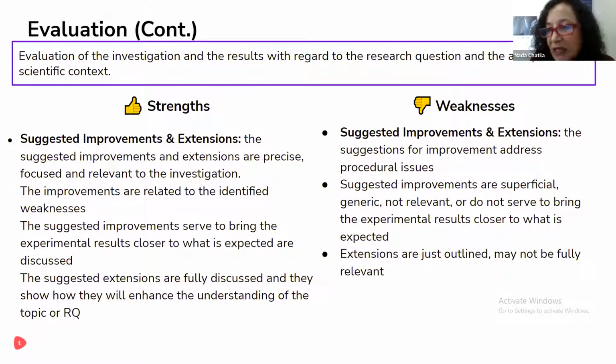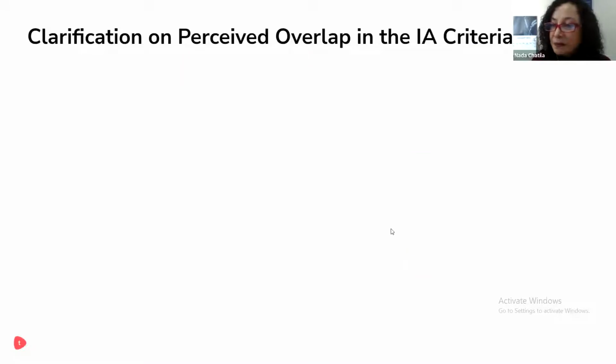What does that mean? This is not a useful suggestion for improvement. Extensions are just outlined. Sometimes, many times, they are just missing. Many students miss the extension part, or it is not fully relevant.